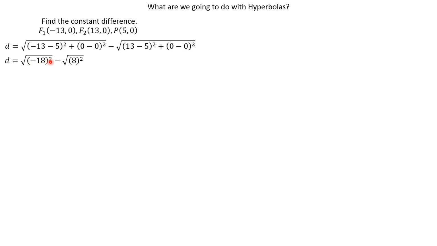Negative 18 squared is positive, square root is 18. 8 squared is 64, square root is 8. 18 minus 8 is 10. So notice since it's only the x values, this was 18 and this was 8, and there we go. We're subtracting them. If this was an ellipse, we'd be adding them.